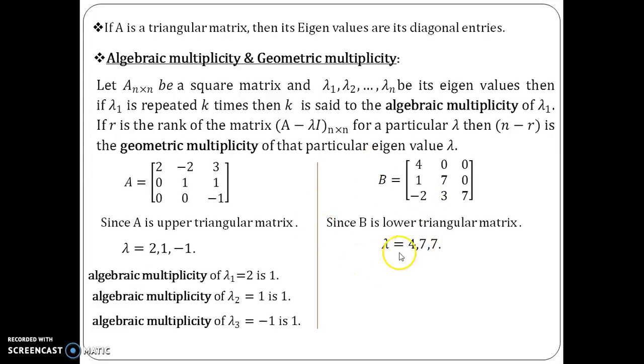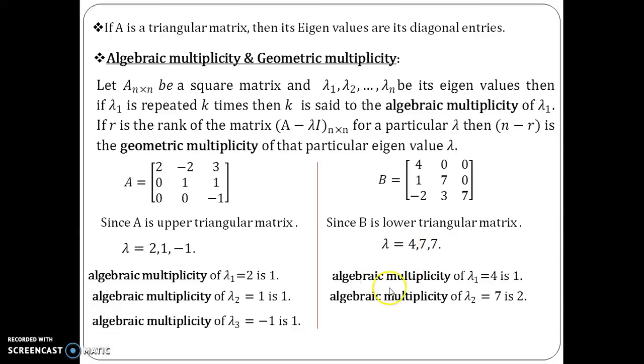Algebraic multiplicity for lambda 1 equal to 4 is going to be 1, because 4 is just repeated once. What about 7? I see it is repeated twice. So algebraic multiplicity of lambda 2 equal to 7 is going to be 2. This is what I mean by algebraic multiplicity.